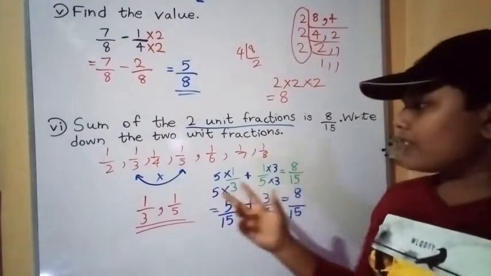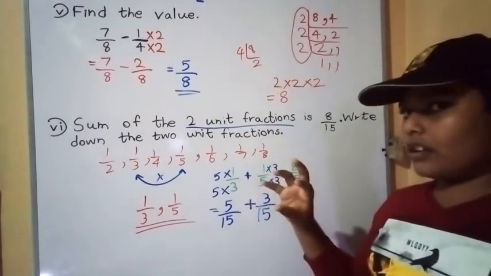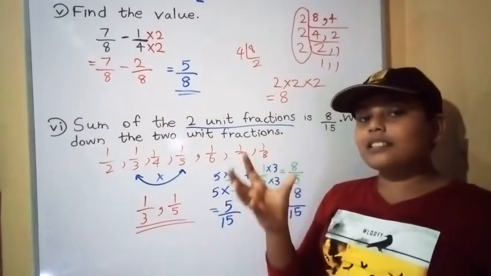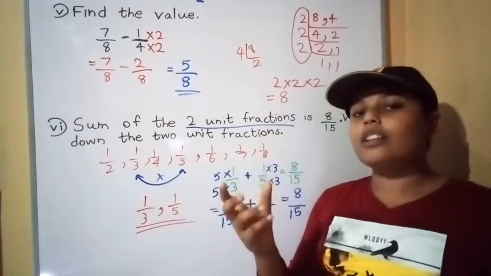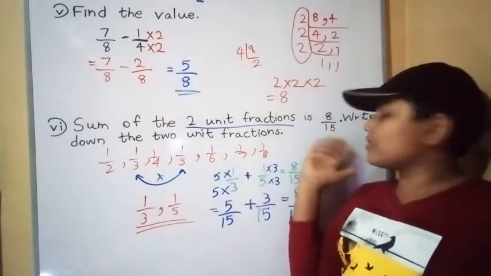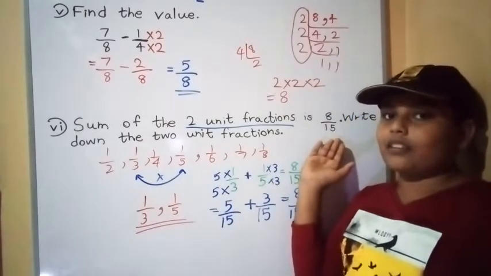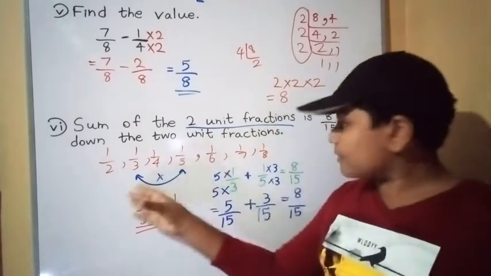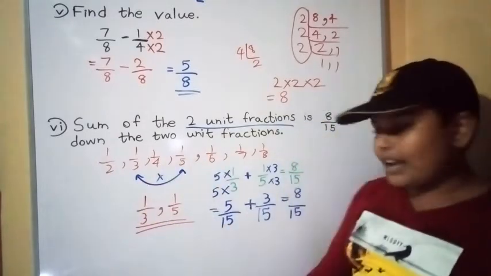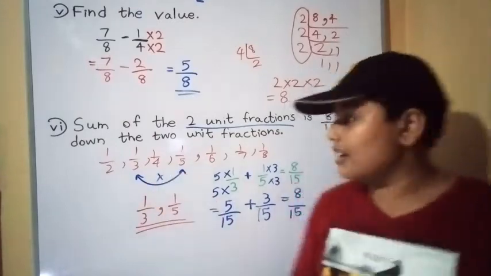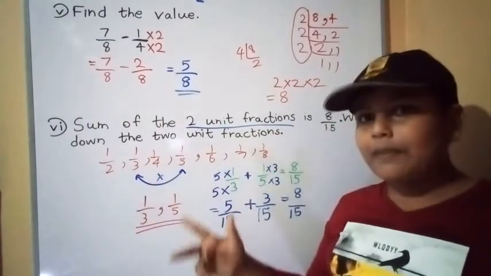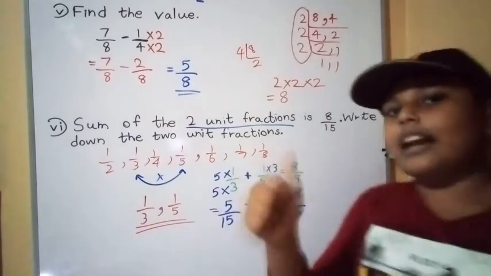You want the two unit fractions whose denominators multiplied give the given denominator. They have 12, like 3, 4, like that. Now they have 15 there. Now I get 3, 5. 3 multiplied by 5 is 15. Now that is correct.